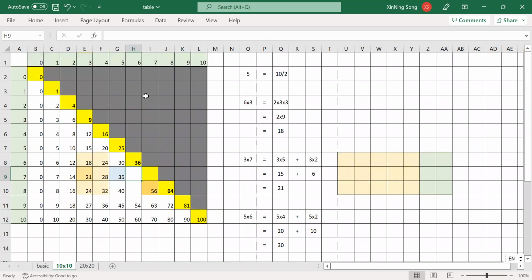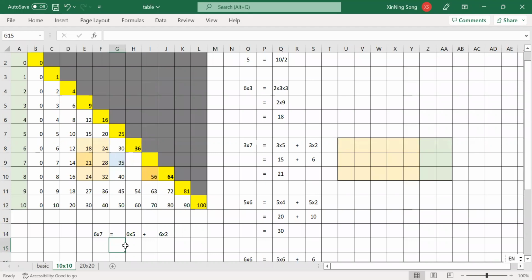Then we do 6 times 7. 6 times 7. How would I do it easier? Maybe I will do 6 times 5 plus 6 times 2.